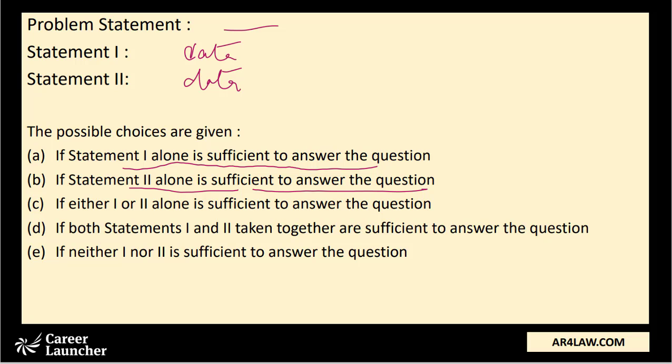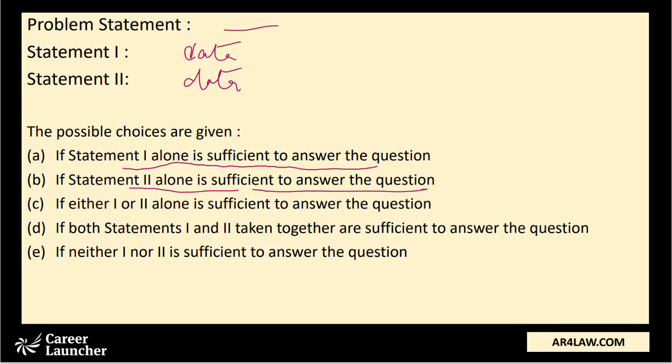Option D has to be marked when individually none of the statements is able to give us a solution, but rather we have to combine the data given in both the statements and then we are able to reach an answer. So D is marked if both statements 1 and 2 taken together are sufficient to answer the question.